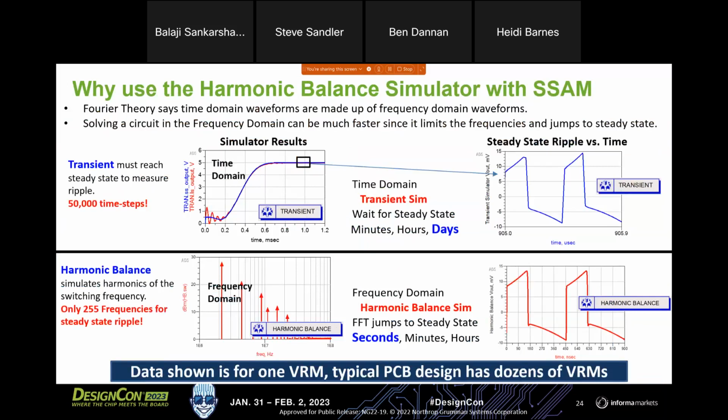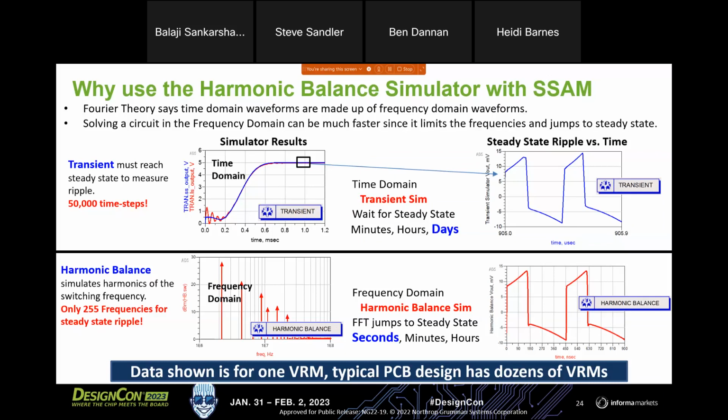Before we get into any sort of simulation and simulation results, let's talk about why Steve and Heidi love to use ADS and what makes it, as they like to say, so blazingly fast. The real secret sauce here, and it's really not so much of a secret sauce, is the fact that we're using harmonic balance. Harmonic balance is unique because it's a native Fourier simulator.